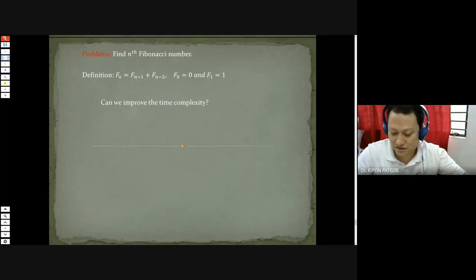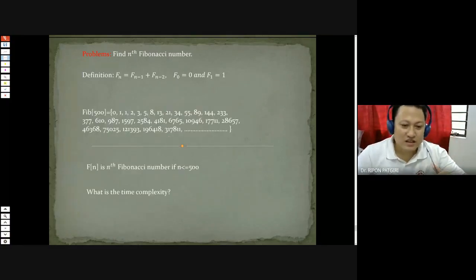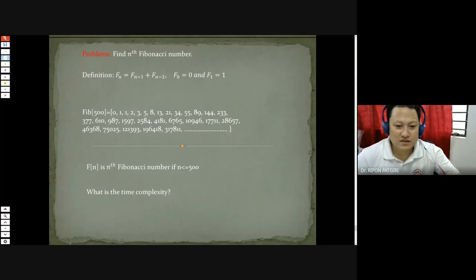Next slide. Say, for example, Fibonacci of 500. In the array you have initialized 0, 1, 1, 2, 3, 5, 8, 13, 21, 34, 55, 89, 144, 233, and so on.